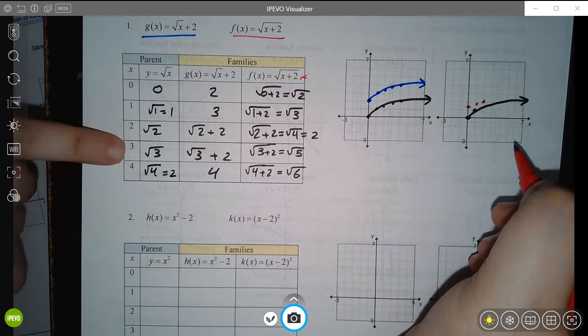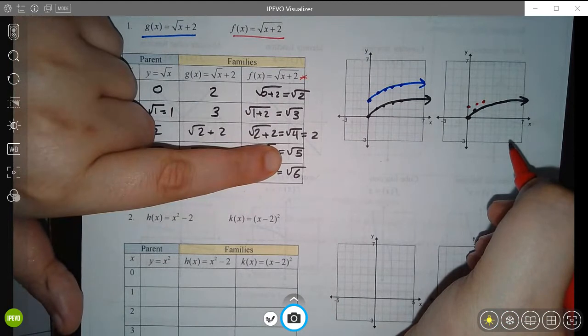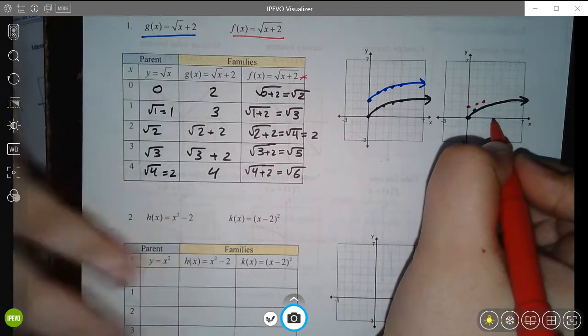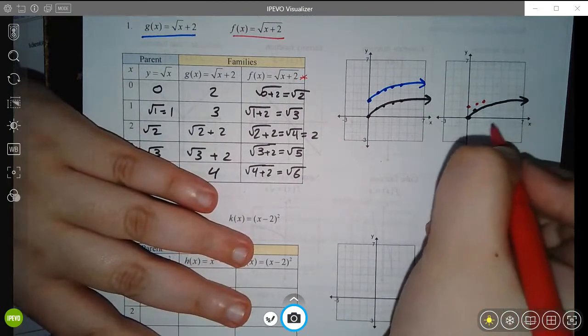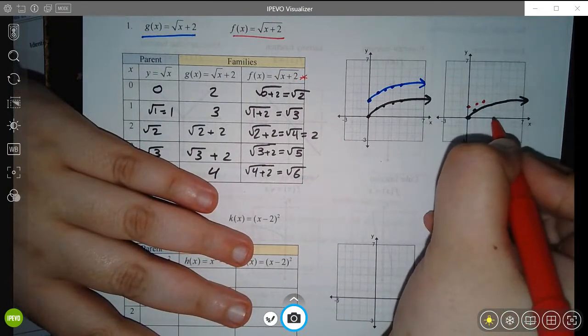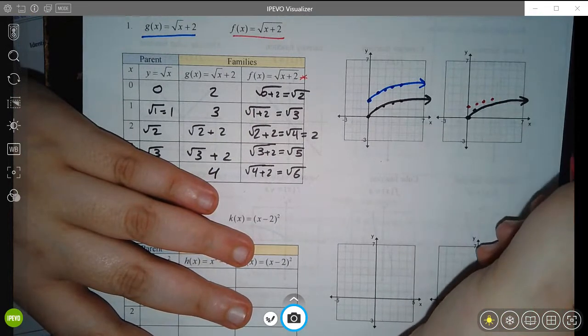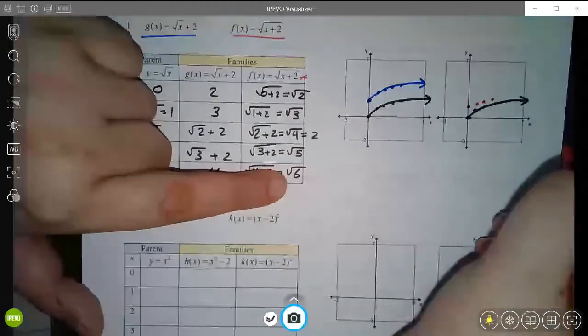Okay. And then we have 3, right? So we have 3 and root of 5. So root of 5 is like 2.2. So x is 1, 2, 3, and this is going to be 2.2, which is right here. And then at 4, it's root of 6.